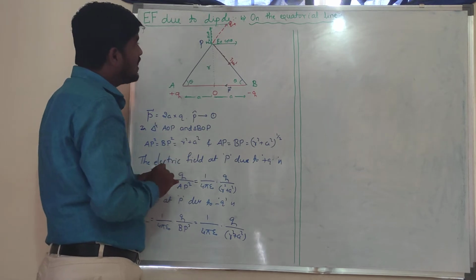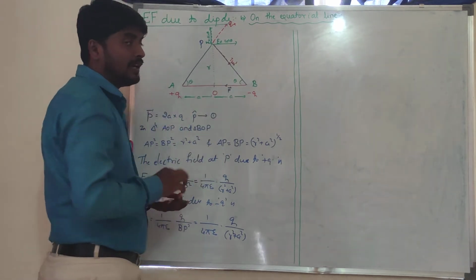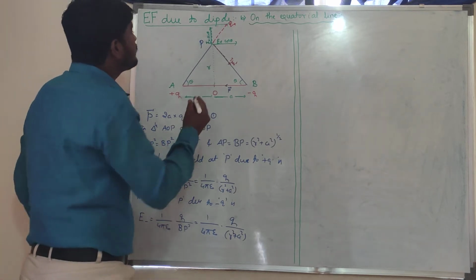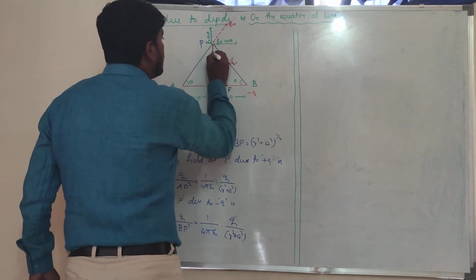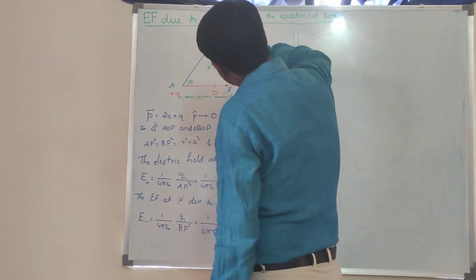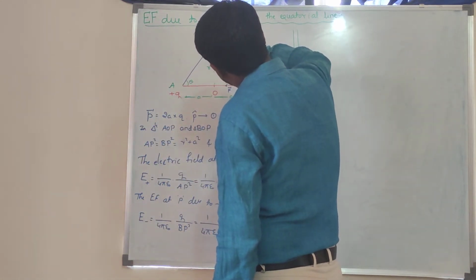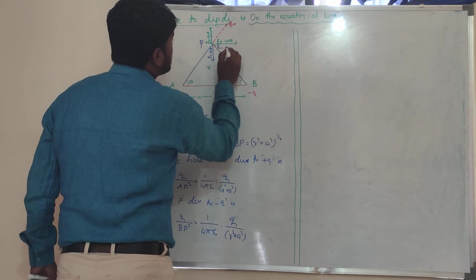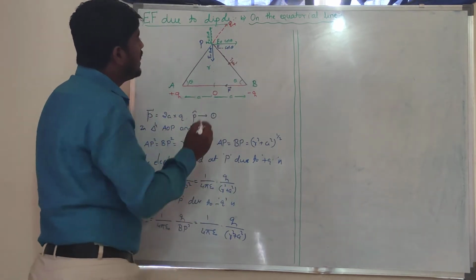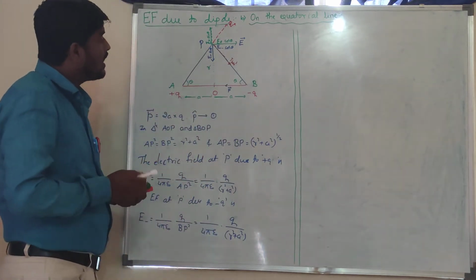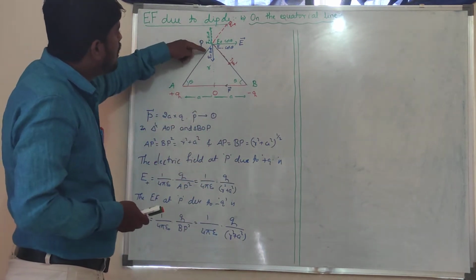Similarly, if I resolve E minus into perpendicular component and parallel component, this is the direction of the perpendicular component, that is E minus sine theta, and this becomes E minus cos theta. This is the direction of the resultant electric field. Look at it here. Two components are there.